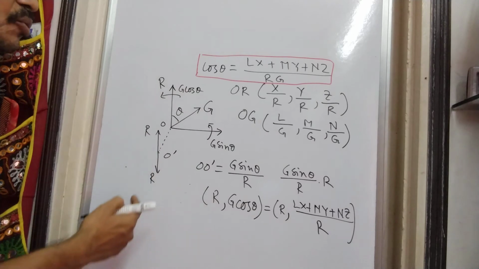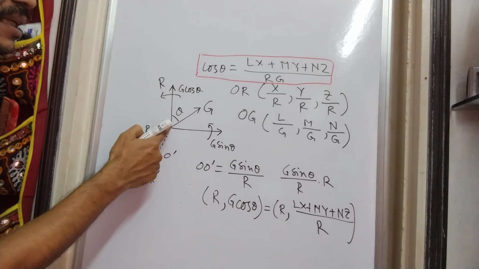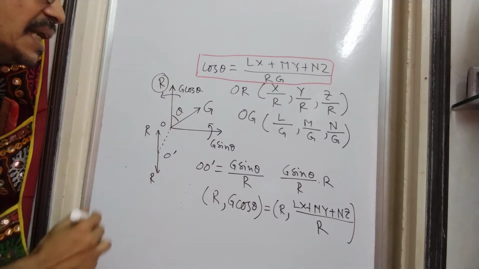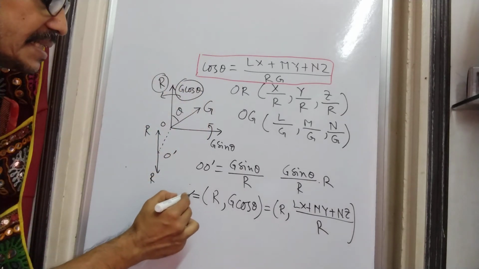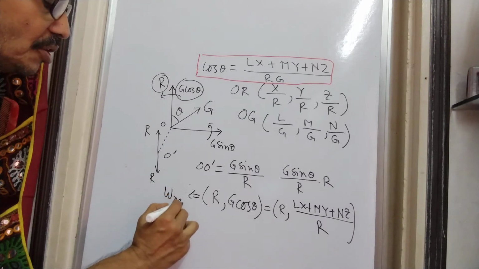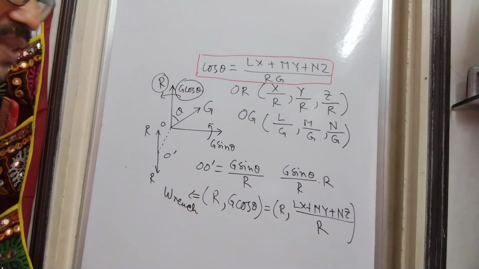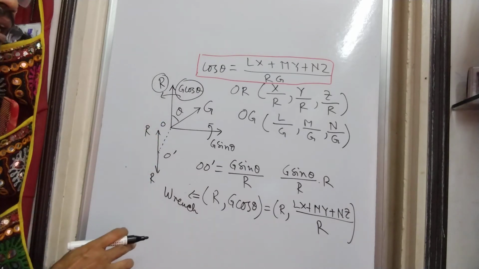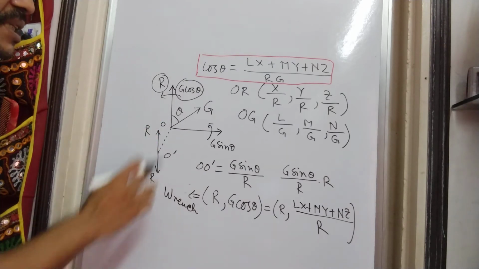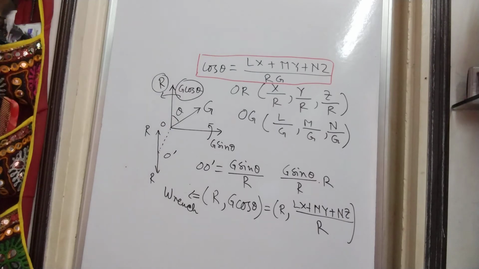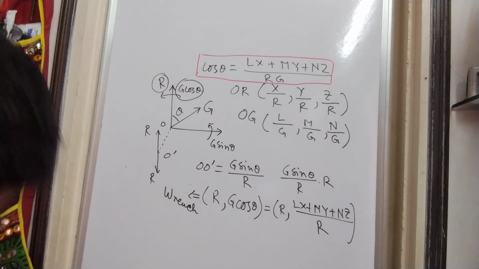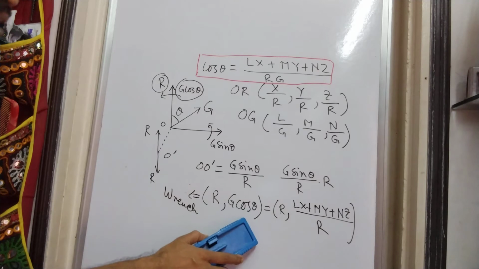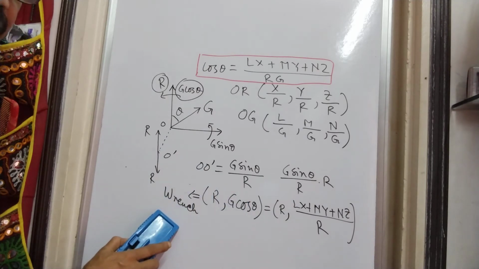We have found out a single direction through which the resultant force R and the resultant couple act, and this twin is termed as wrench of the system, and the line through which these two act is called Poinsot's central axis. Now let us see how we can find the equation of this Poinsot's central axis, or the line through which the system acts, which is termed as a wrench.